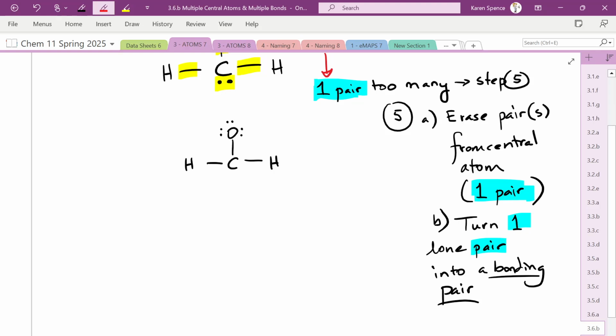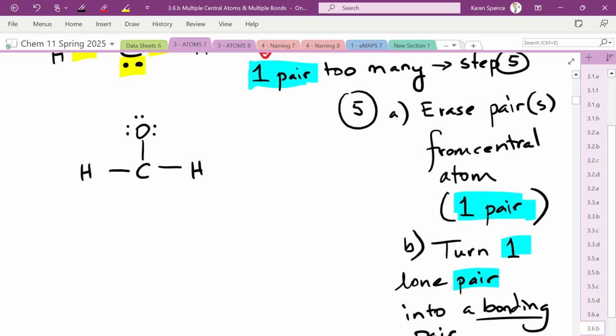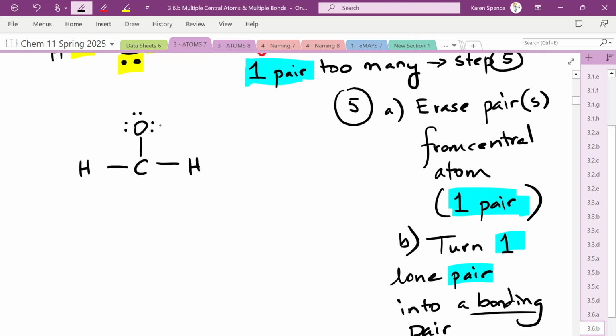So what that means is we are going to take a lone pair on the oxygen, and we're going to say, I'm going to be super kind and I'm going to not just keep that to myself. Oxygen says I'm going to share that with carbon.